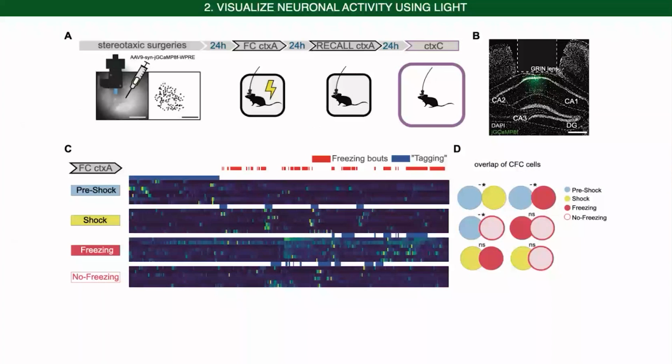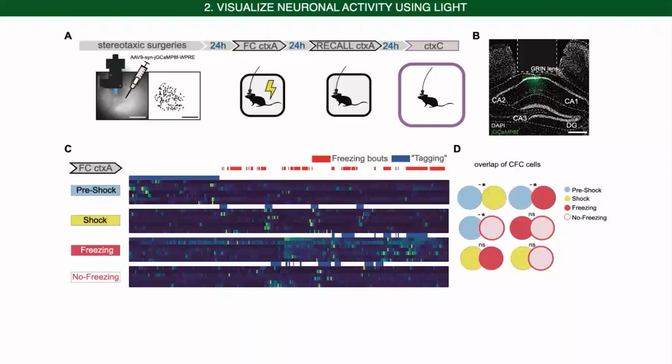So this is another experiment that we are doing in our laboratory, and a cool aspect of this experiment is that this is just another way to represent calcium imaging. So every line here represents a specific neuronal activity, and we can detect cells that are preferentially active in specific moments of the activity of a specific task.